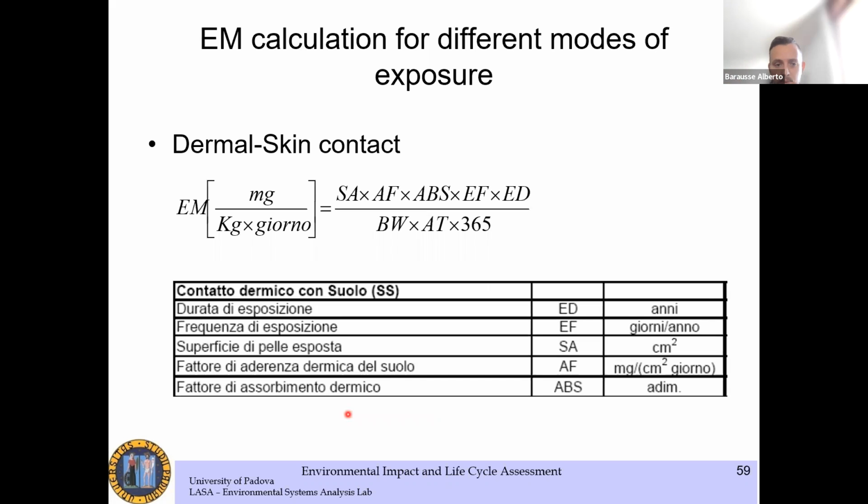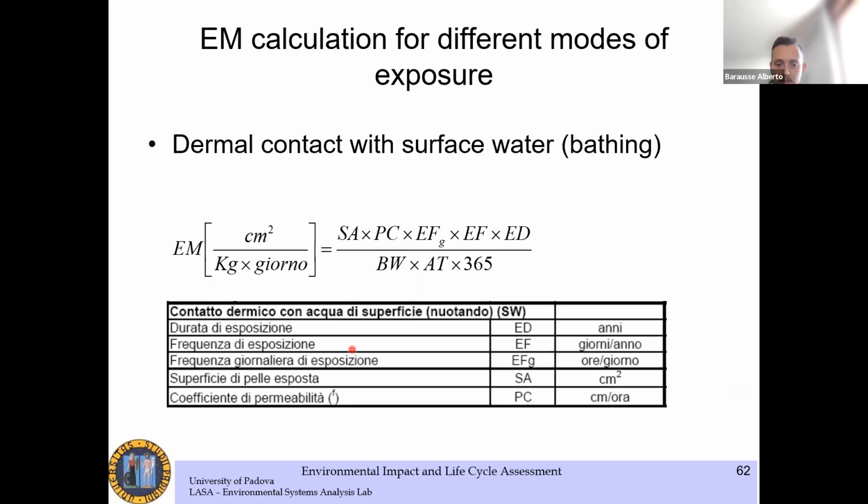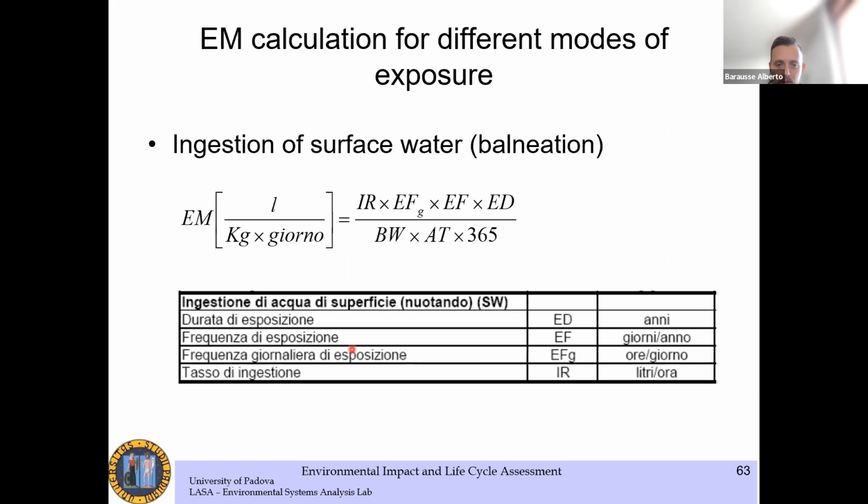These are just examples of EM factor calculations. For example, in the case of dermal skin contact with contaminated soil, one parameter may be the surface of skin exposed, so that can come into contact with the soil. And yeah, these are just examples that you can have a look at home.